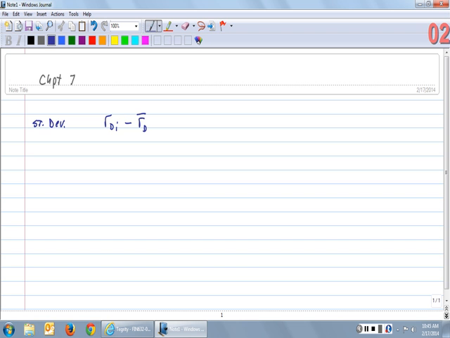Period 1, period 2, period 3. In fact, we usually say we're going to sum these deviations for i equals 1 to n.